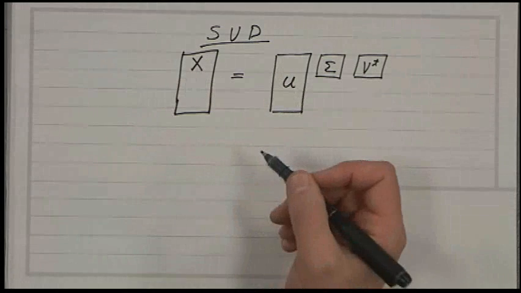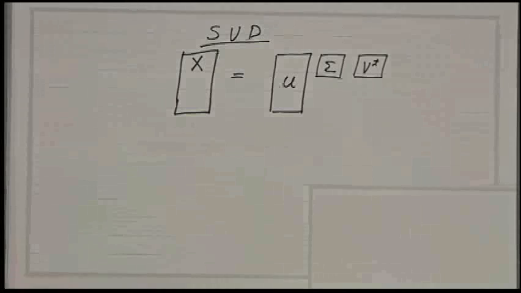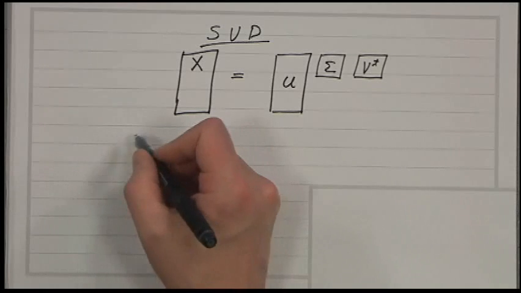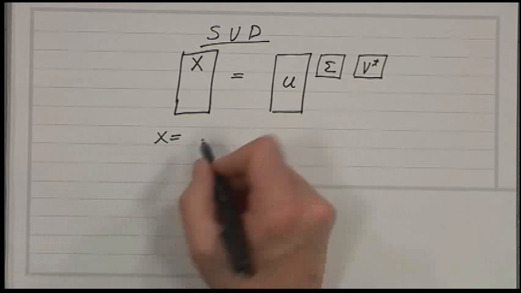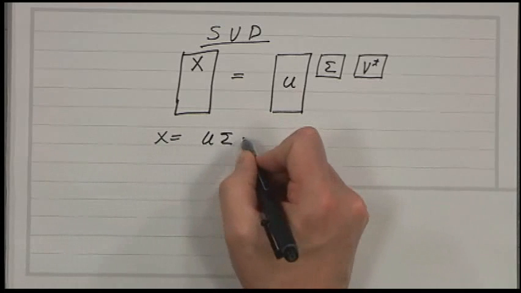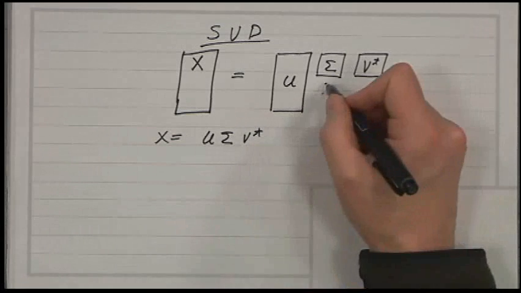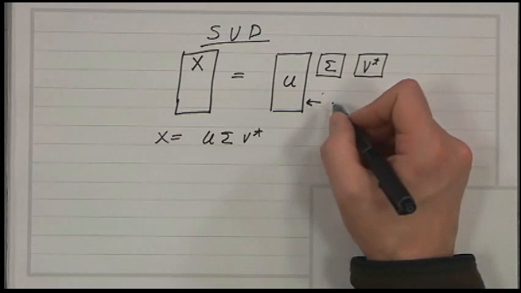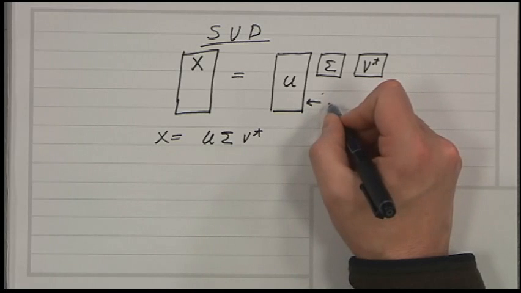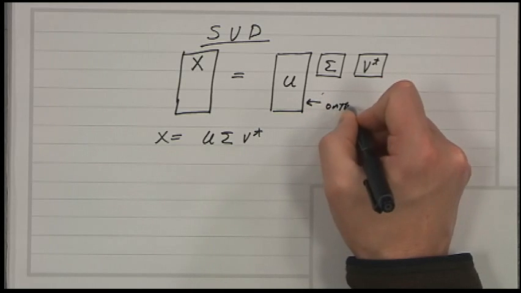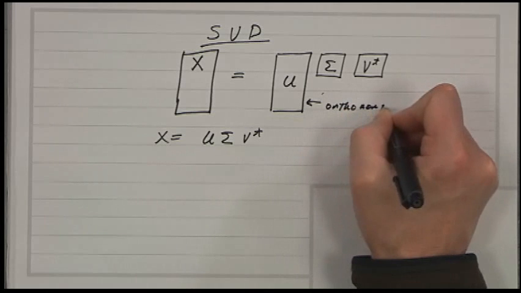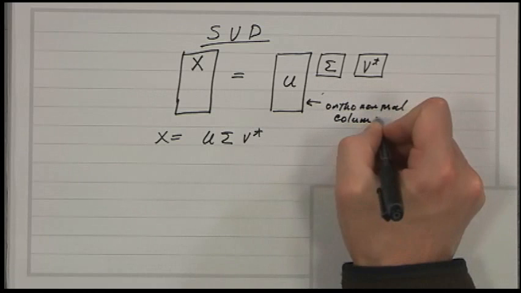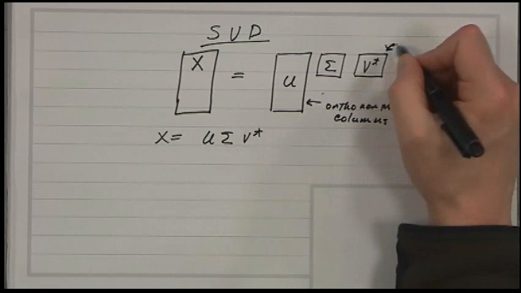So what happens is this: if you take the SVD, you have X equals U sigma V transpose. By the way, these are orthonormal columns, and these are orthonormal rows.